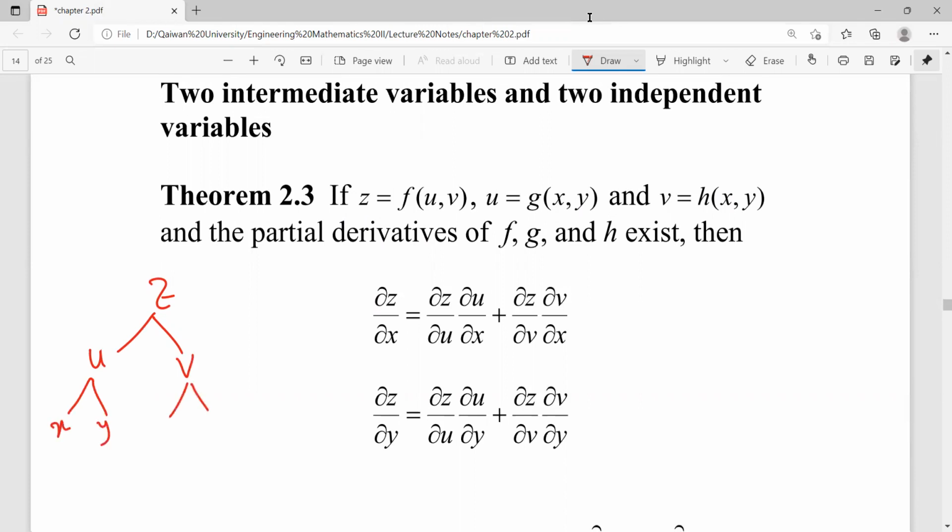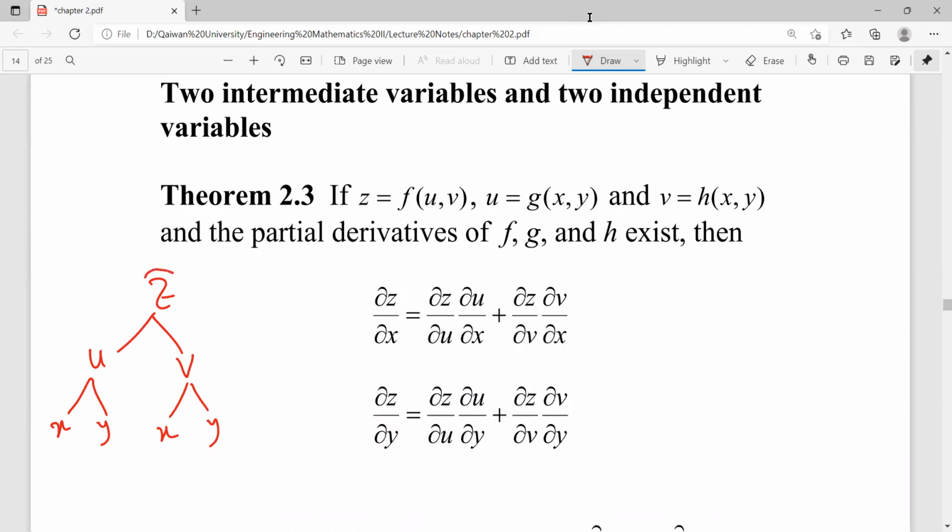And in v, also we have x and y. If we want to find the partial derivative of z with respect to x, or with respect to y, what should we do? We should use chain rule. What's the chain rule? You always can use this tree to not forget the rules.